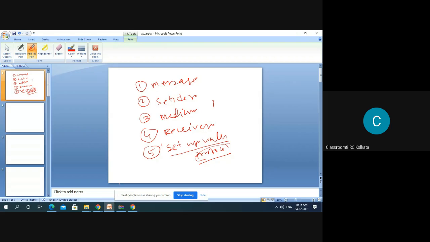The receiver is the one to whom the user wants to send the message. There are many protocols or rules involved in this entire process. One of them is SMTP, Simple Mail Transfer Protocol. Both sender and receiver must have an internet connection which uses a wireless medium to send and receive email.